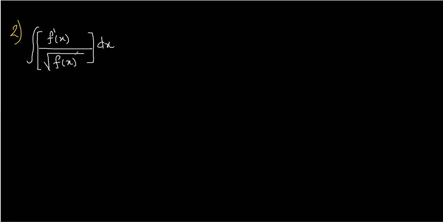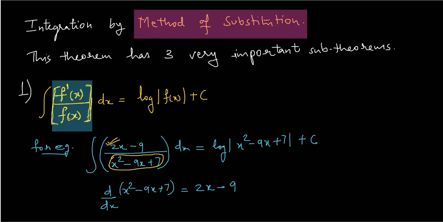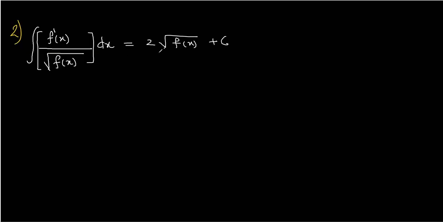If you notice something like this, you will write the answer as 2 root f of x plus c. Remember students, here you had numerator f dash x, and the denominator is root f of x. So f dash x upon root f of x dx is 2 root f of x plus c.